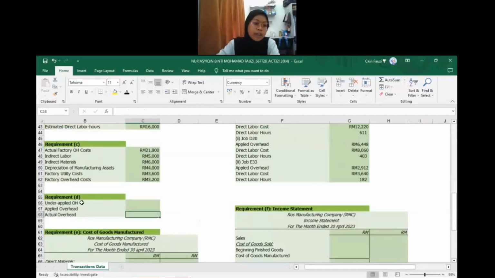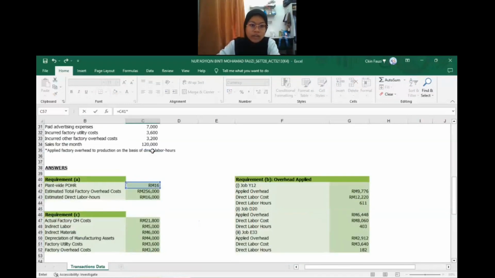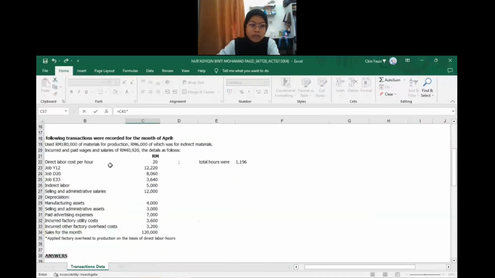Question D, find over or under applied overhead. Actual factory overhead we've already calculated here, so just take the same amount, and we just find the applied overhead. Applied overhead 16,000 ringgit times the given total hours for all jobs, which is 1,196 hours.